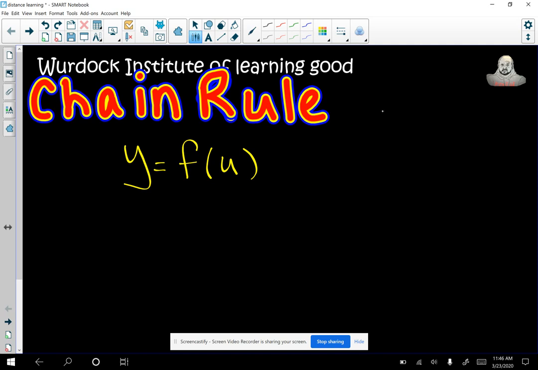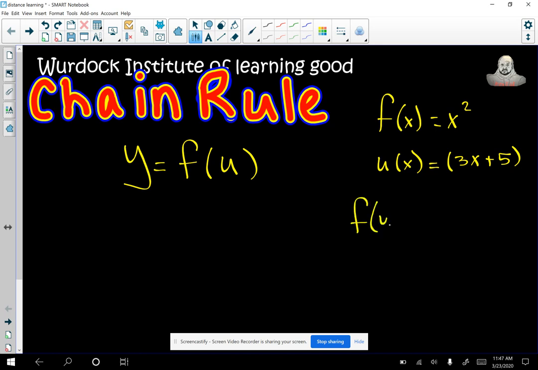This would be like if I had a function f, which was the x squared function, and a u function, which was 3x plus 5, then the expression would be to take 3x plus 5 and put it into the x squared function.